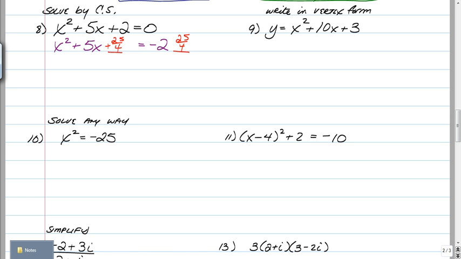But now from here, everything else is the same. We're going to write this side as the square of a binomial. So we have x plus half of this number, squared, is equal to 25/4 minus 2, or negative 2 plus 25/4. I can do these in my head, but you guys don't like them, so I'm going to go get the calculator now. Let me pause for a second and I'll be right back.